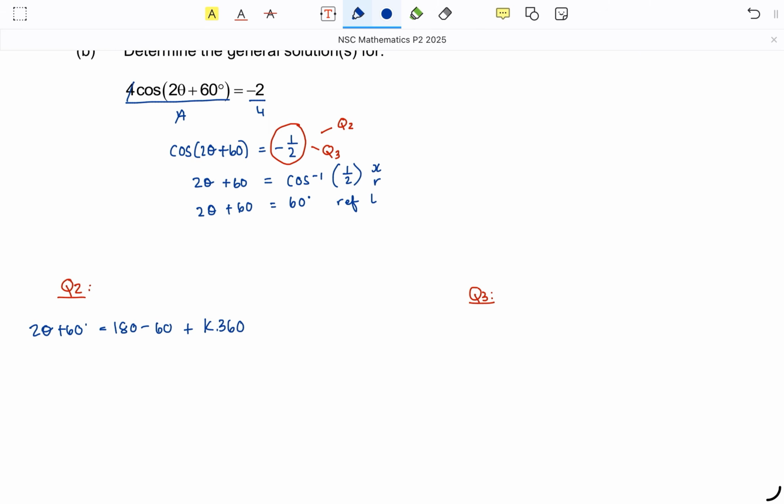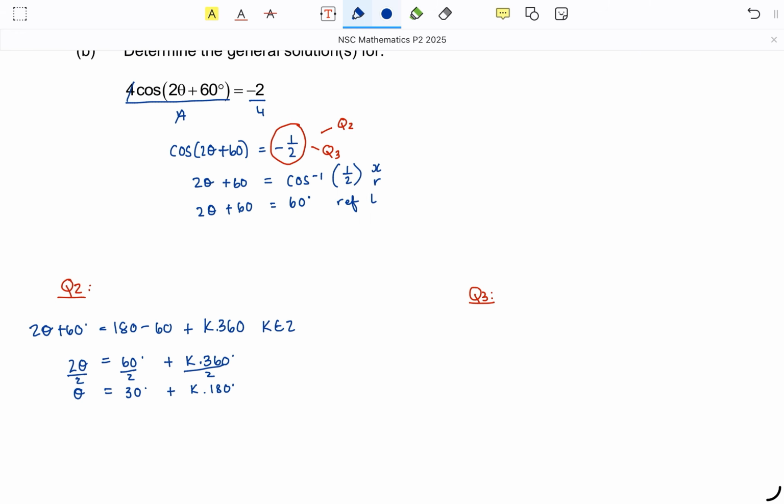This is a cos graph, so its period is 360, and we say that k is an element of integers. You have to say this at least once. And then if we take the other 60 over, it would leave us with 160. And then if we divide the 2 away, it would leave us with 30. And we just got to remember that everything needs to divide by 2. So we're dividing everything by 2.